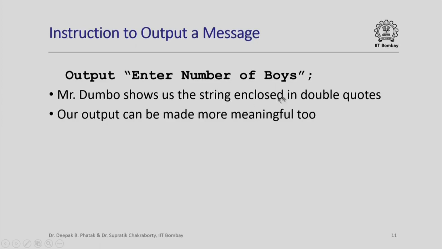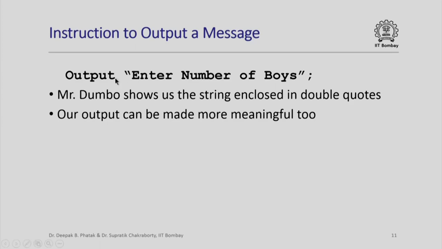Now, when the string enclosed in the double quotes, without the double quotes of course, is shown out to us, then we know, and suppose we write our input instruction after this. Very obviously, Dumbo will first show this output to us. We know now some input is expected, and then we are ready to type a value in.